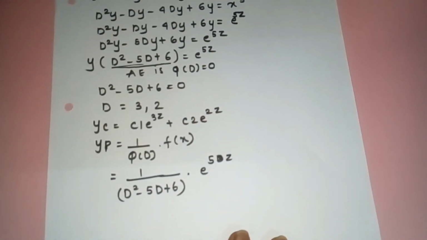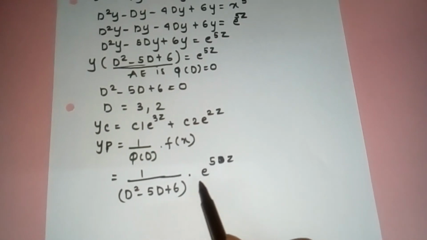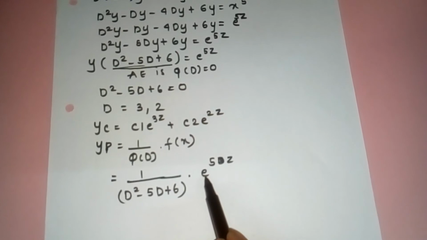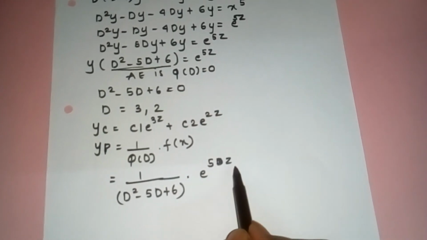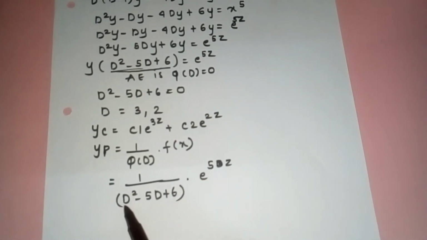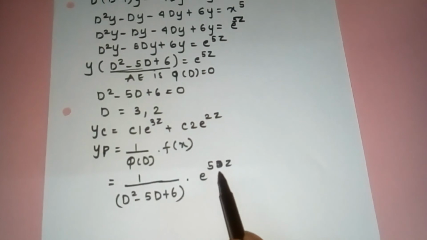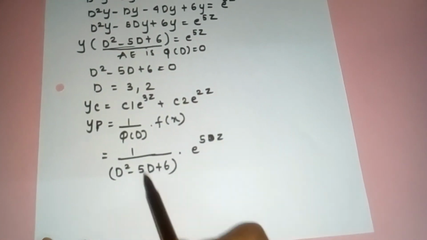So if you remember case 1, whenever we have something like e raised to 2x, 3x, 5x, in that case we used to put d is equal to 5 or d is equal to 2, like that. So over here just the x term is replaced by z, so we can apply the same case.